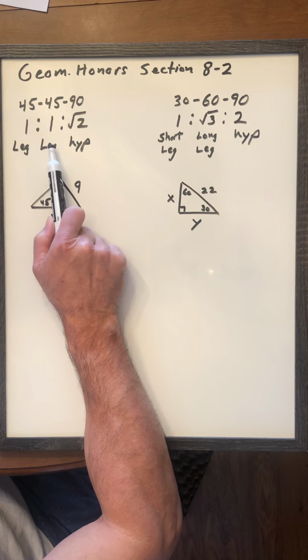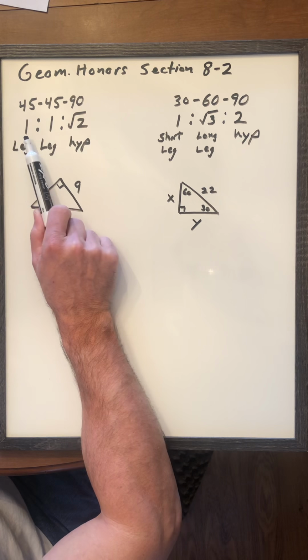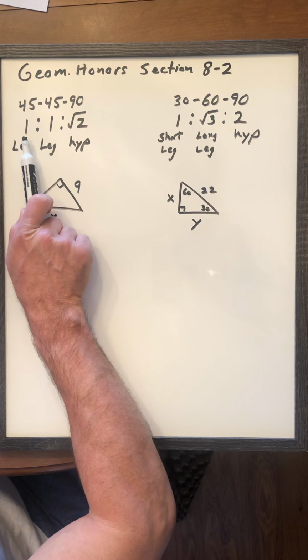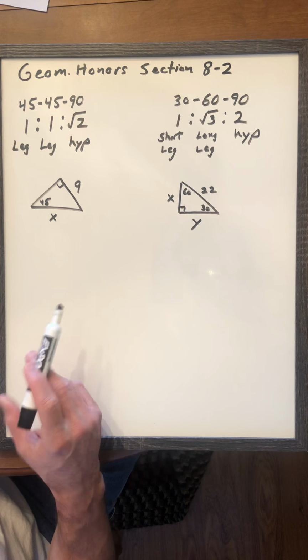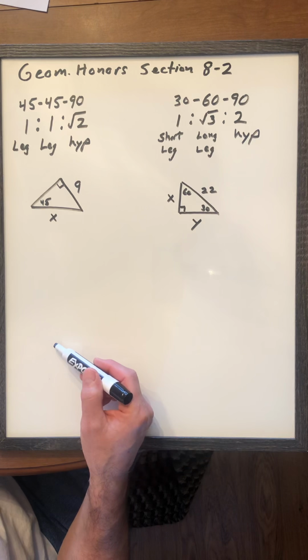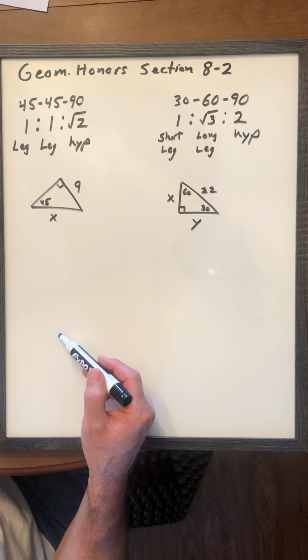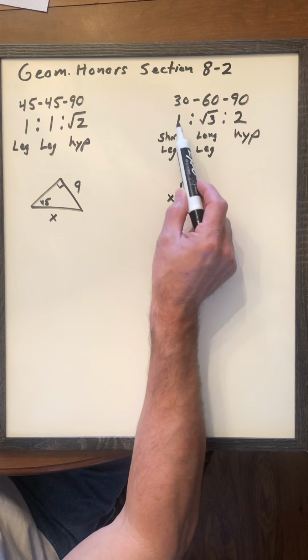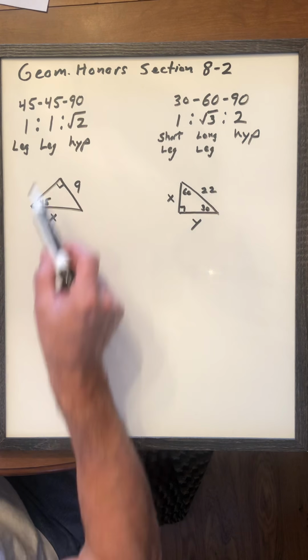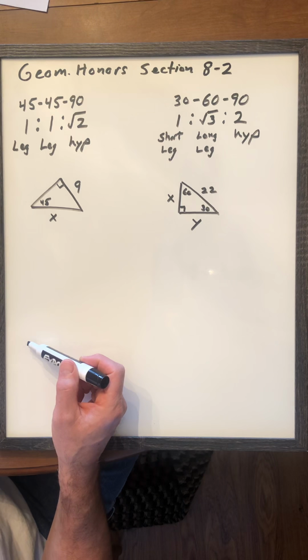That's leg, leg, and hypotenuse. So every 45-45-90 triangle is going to have the ratio of 1 to 1 to square root of 2. And then the 30-60-90 has the ratios 1 to square root of 3 to 2, and we'll deal with that in just a minute. We're going to do the 45-45-90 first.